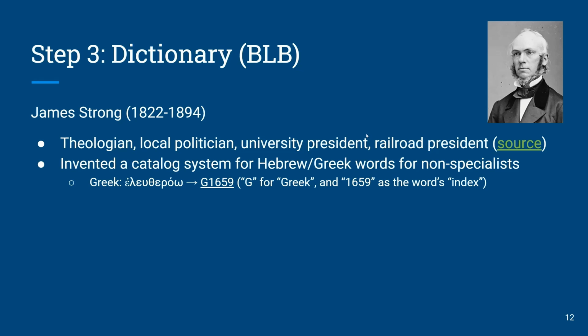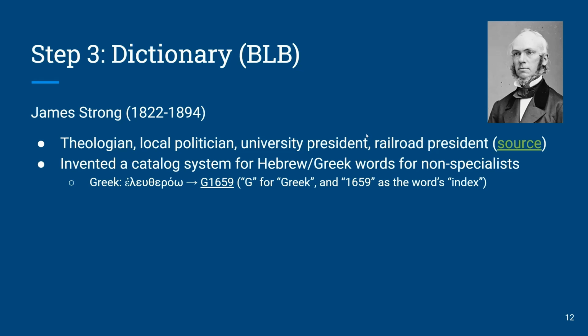This is an example here as follows. So for a Greek word, I don't actually know how to pronounce it correctly, but it might be eleuthero, something like that. He paired that with a code, G1659.